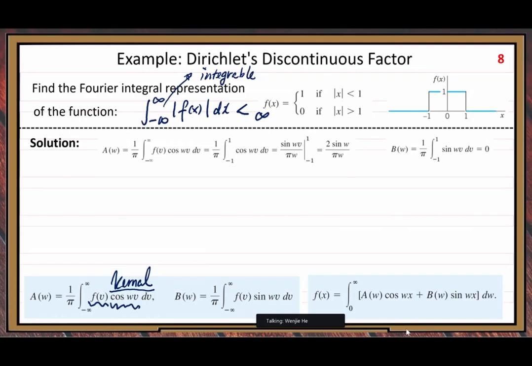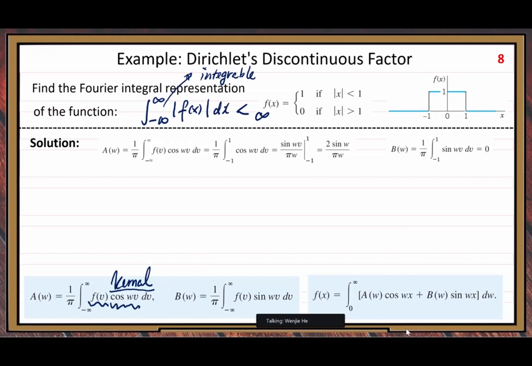An even function times an odd function is an odd function. The integral of an odd function on a symmetric interval, positive half and negative half, must be 0.